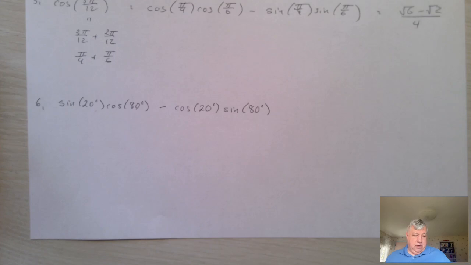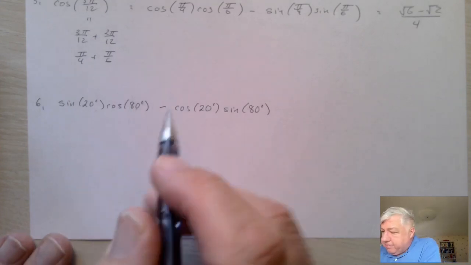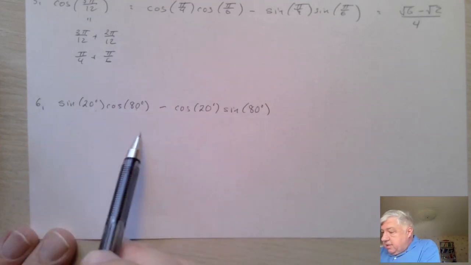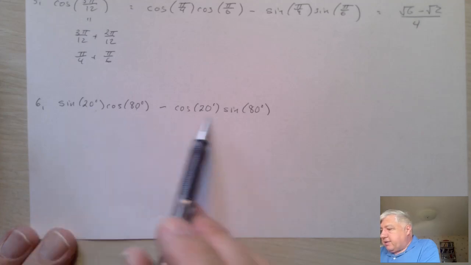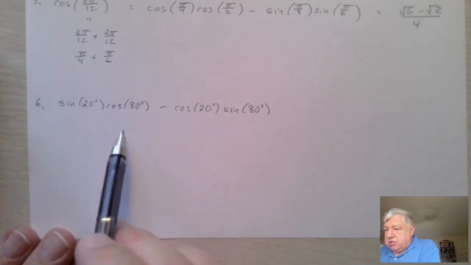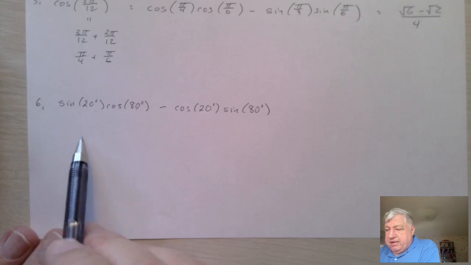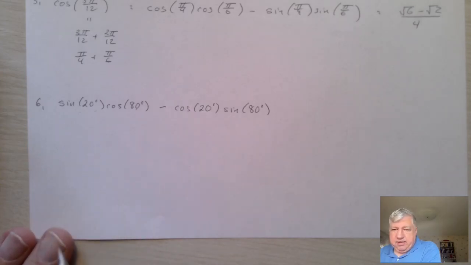Here the sines and cosines are grouped together, so it looks like we probably want to write this as a sine of a difference or a sine of a sum.